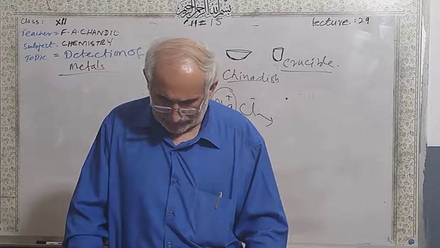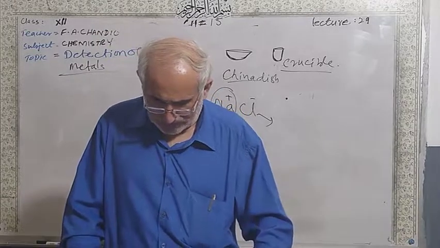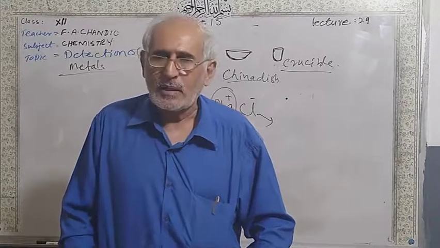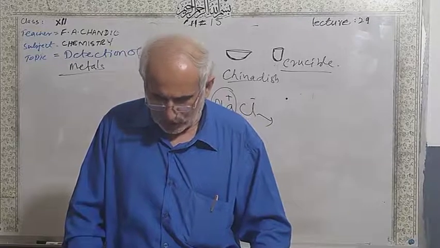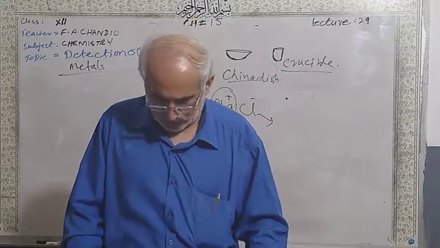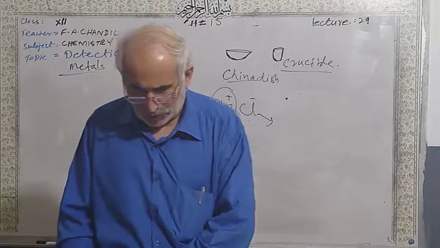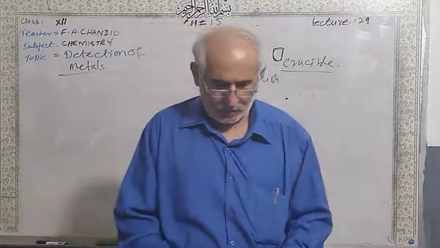Alcohol. A, ethanol, is alcohol. B is ether. C is carboxylic acid. D is alkyl halide. In Lassaigne's solution, we use the metal sodium. Not aluminum, not iron, not copper, only sodium we use.